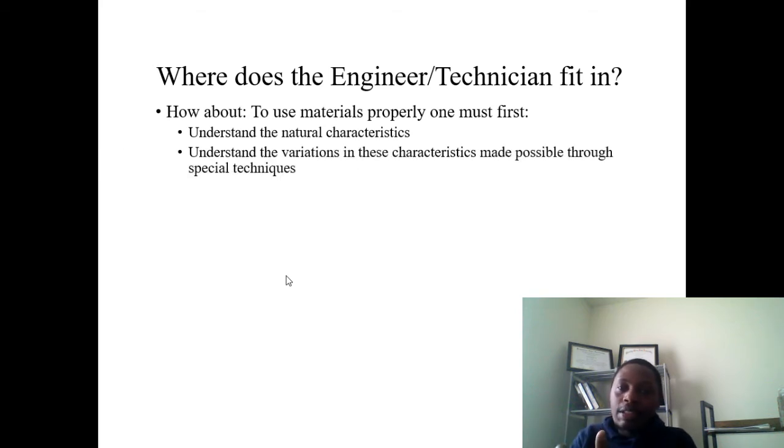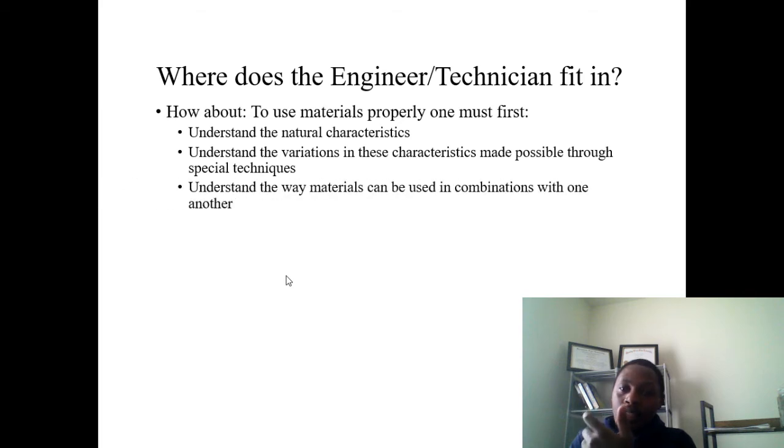They have to understand the variations in these characteristics, and they have to understand the way materials can be used in combinations with one another. So you have to know why the engineer, the technician must fit in this whole area of materials in construction.